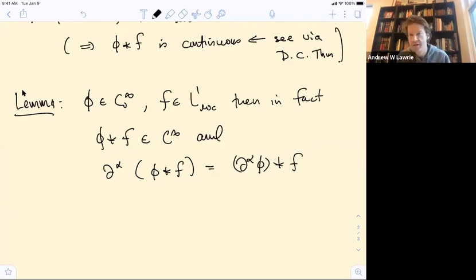So when you convolve with a smoother function, the convolution of two functions together is as smooth as the smoother of the two functions.